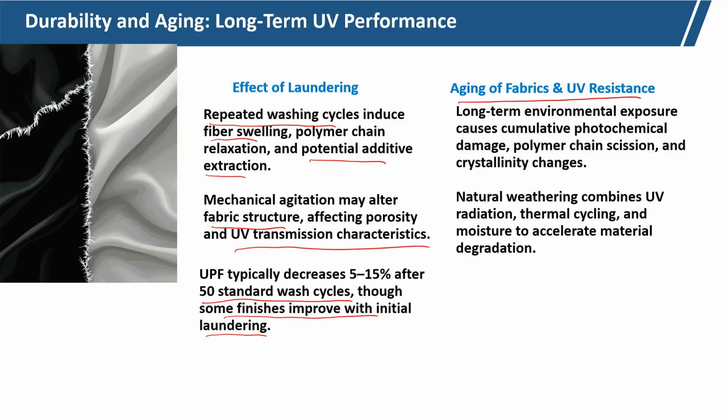Long term environmental exposure causes cumulative photochemical damage due to light. Photochemical damage will occur in the polymer chain, the polymer chain may get damaged, and sometimes crystallinity may change.